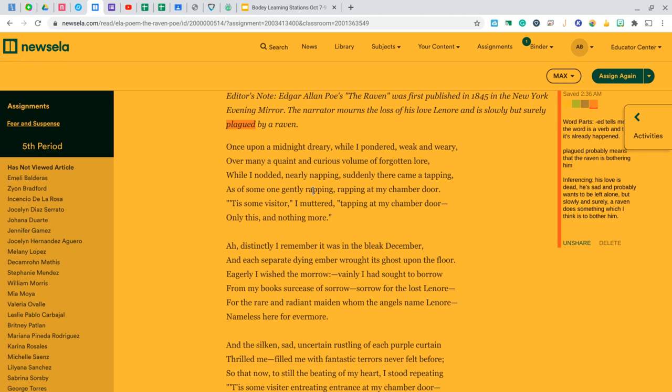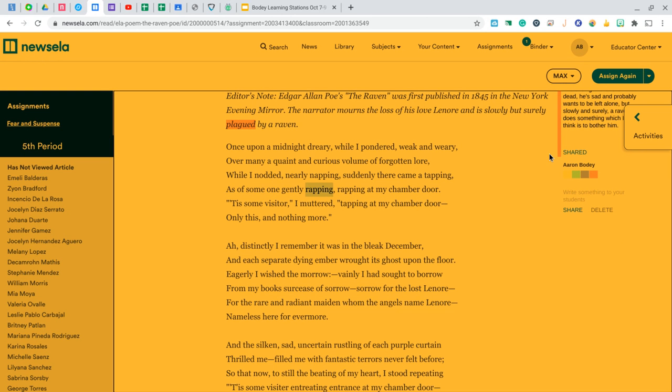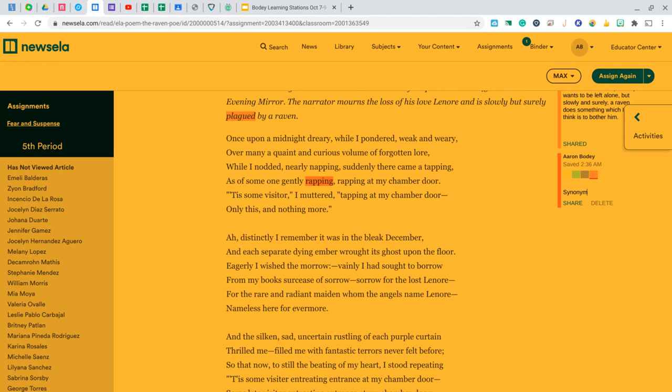We might see the word wrapping and not necessarily know what that means, because when we think of wrapping, we think of music, right? So in this sentence, we see a synonym around it: the word tapping.